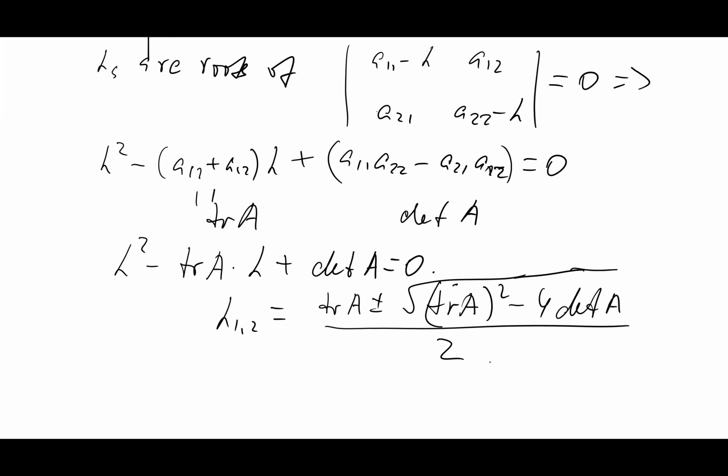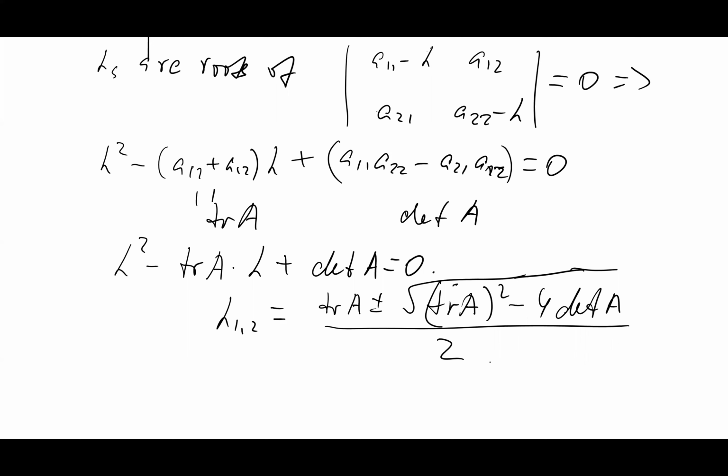And now, from looking at this, we can decide what conditions on trace and determinant should be satisfied for the different cases which were considered before, for different classes of equilibrium 0, 0.